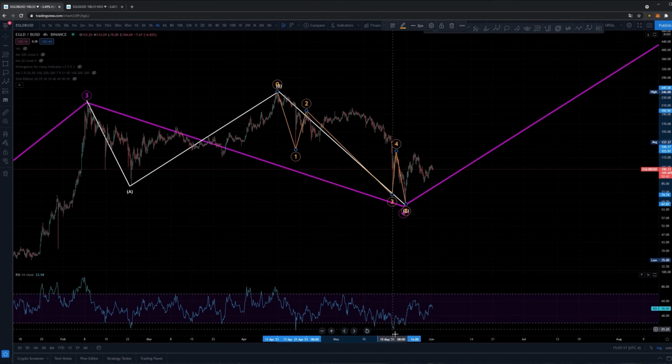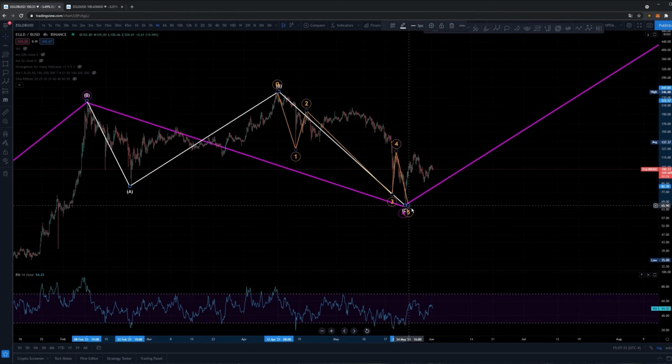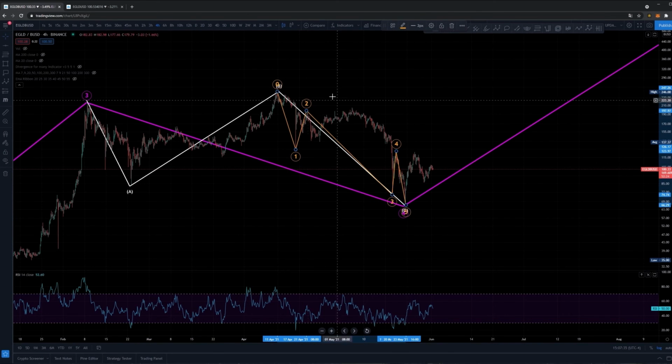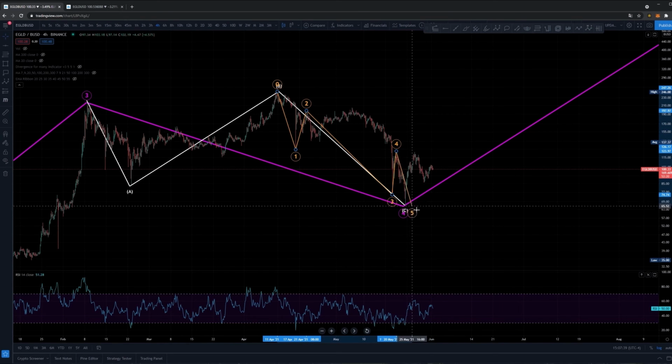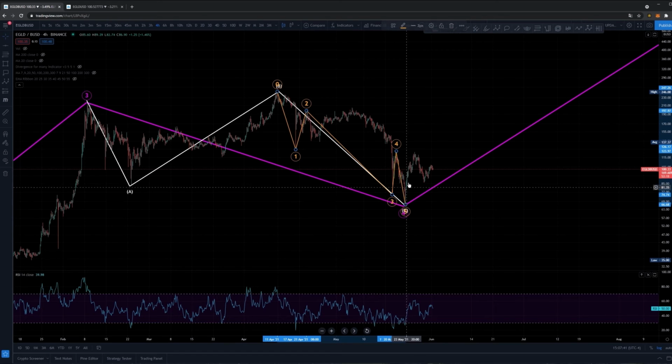But I can see this divergence here. You see the RSI didn't come lower than this point, but the price came lower, which is an inverse divergence, a bullish divergence in the inverse, which will confirm this as a wave 5.